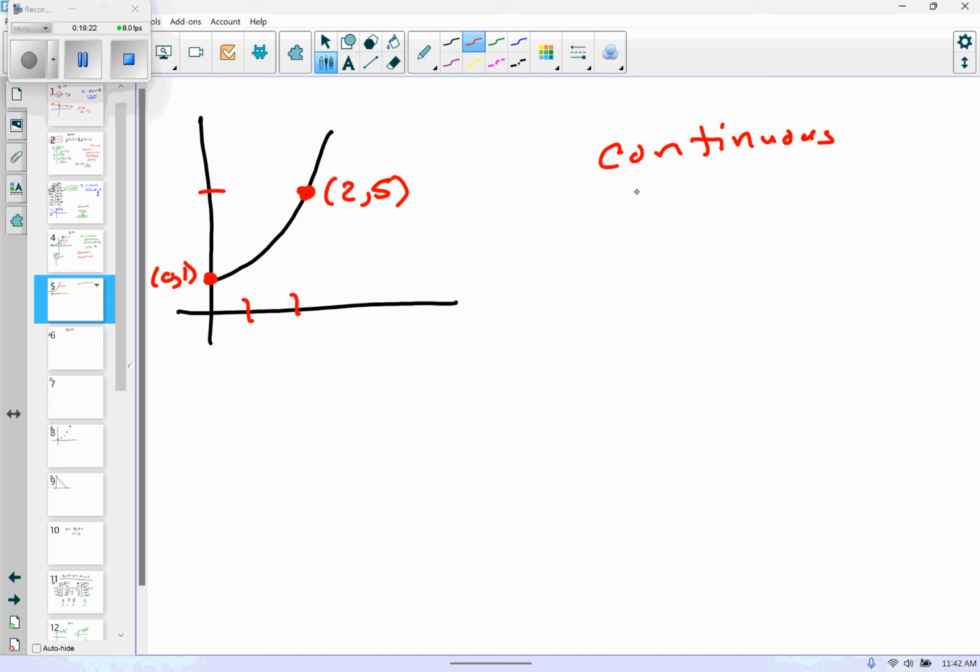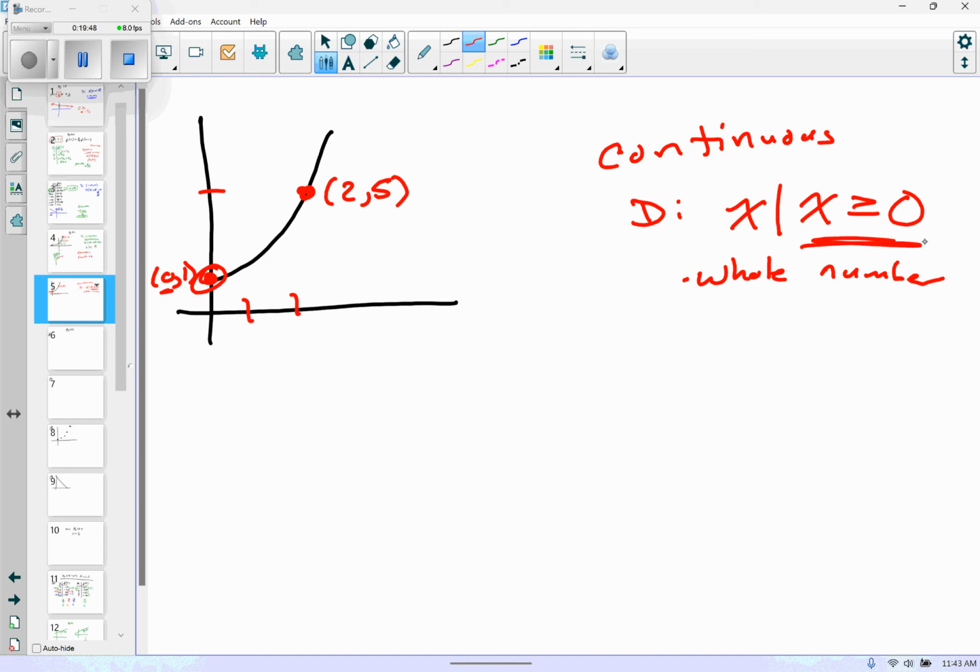The domain of this is x such that x is greater than or equal to 0 because it started right here at 0. You could also say whole numbers, but it's not really whole numbers. It's anything that's greater than or equal to 0.